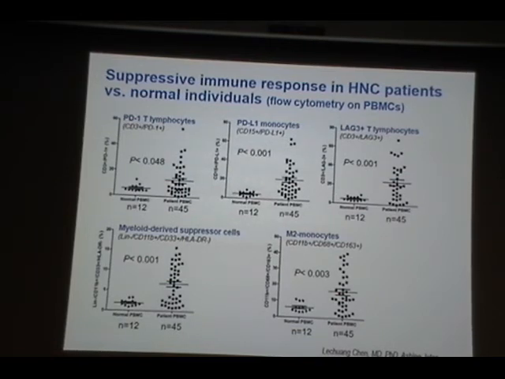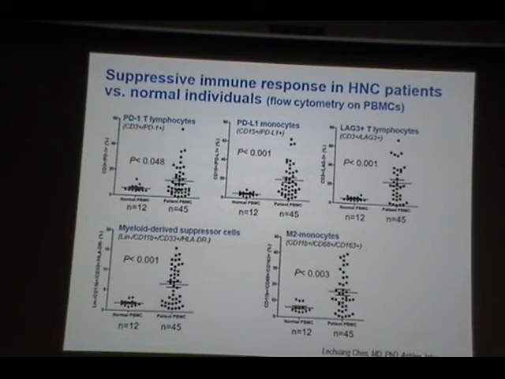So in my lab, we are trying to correct this, to reduce PD-1 expressing T lymphocytes and other suppressive immune cells back down to the normal level. Then you have more activated T cells and fewer inhibitory or suppressive myeloid cells.